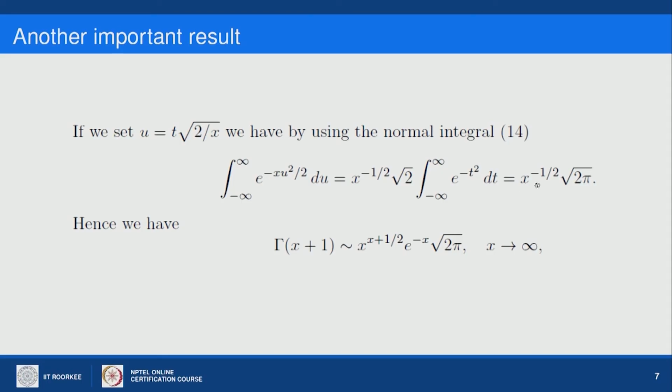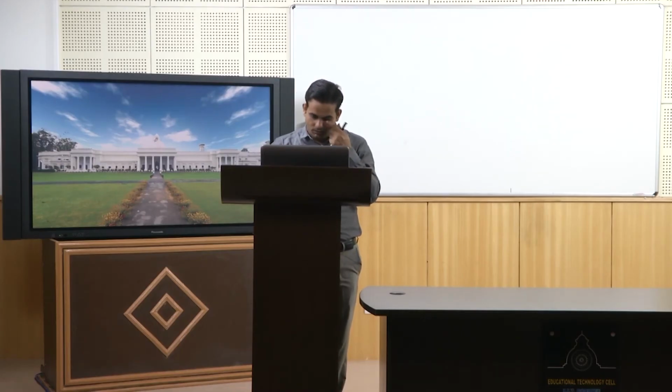So, this becomes x raised to power minus half root 2 pi. Hence, we have gamma(x plus 1) approximately equals x into (x plus 1) raised to x plus half, e raised to power minus x, root 2 pi, when x tends to infinity. So, this is what we need to prove.